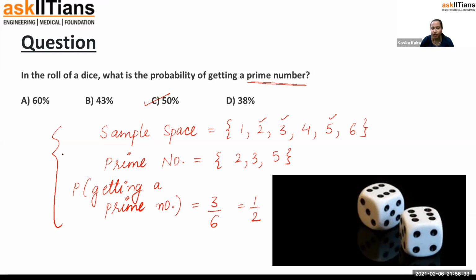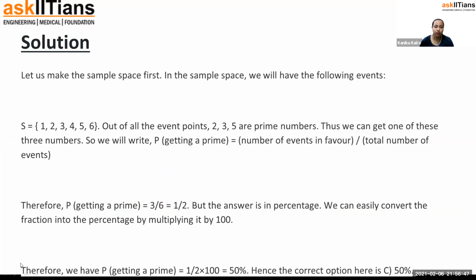Hardly this is a 1 mark question, but you have to present the answer in this form only, because as we all know that steps do carry marks in CBSE exams. All right, let's look at the solution given. So first of all, they have given you the sample space. Sample space is 1, 2, 3, 4, 5, 6, and then the prime numbers or favorable outcomes are 2, 3 and 5.